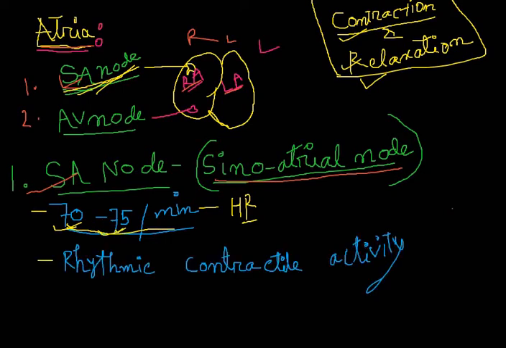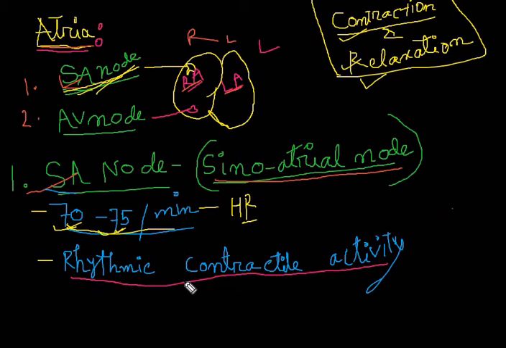Another important function of SA node is that SA node maintains rhythmic contractile activity of heart. Rhythmic contractile activity of heart means that heart always keeps in a state of contraction and also relaxation.